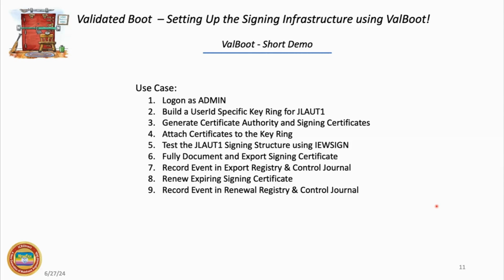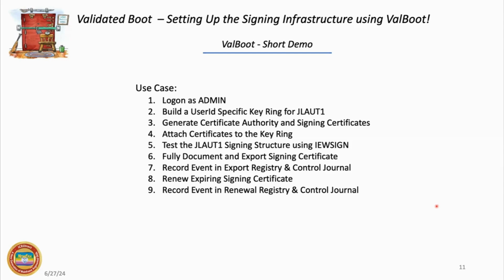So in this short demo, we have a use case. We're going to log on as an admin. We're going to build a keyring. We're going to generate some certificates. We're going to attach them to the keyring. We're going to test the structures. We're going to document those structures. We're going to export the signing certificate.